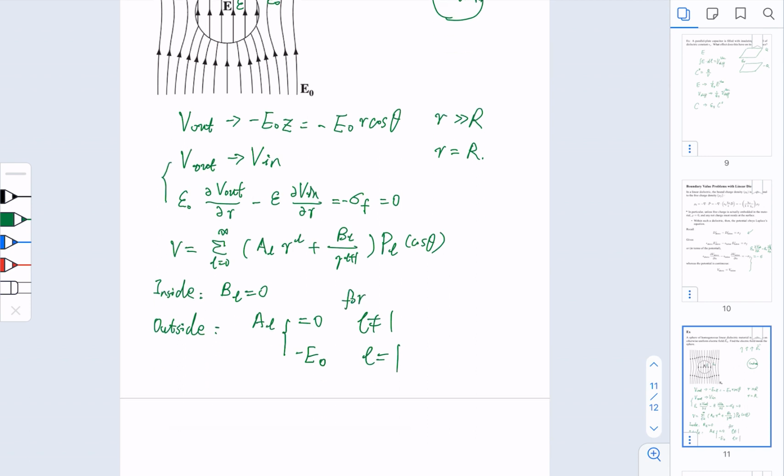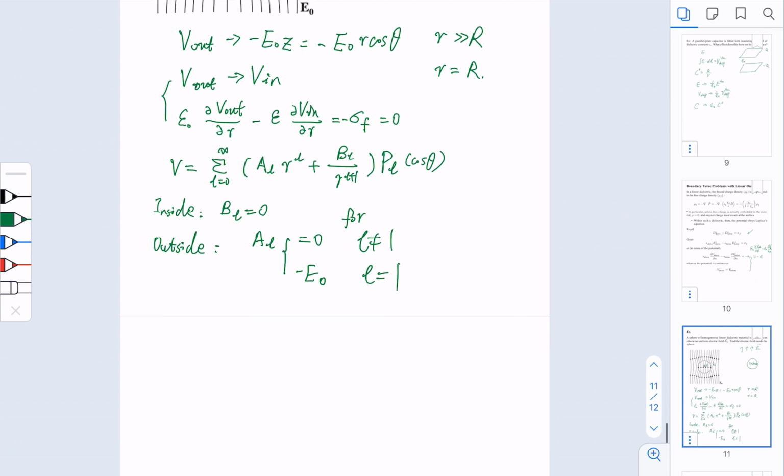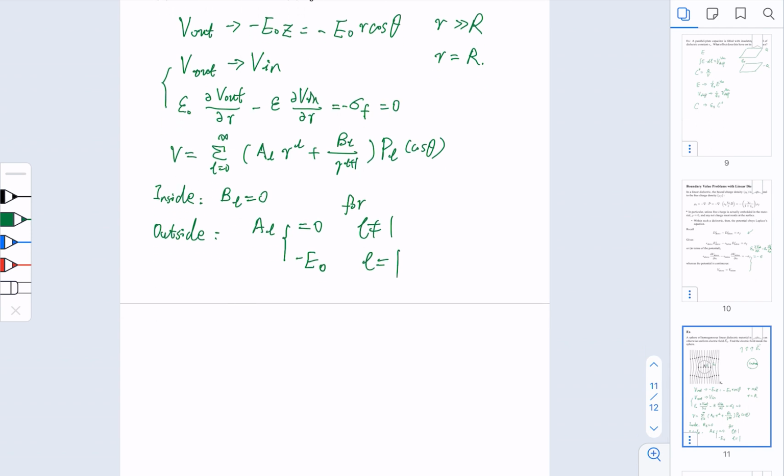Now what we need to do is to plug in our solutions inside and outside, and then match the boundary conditions. So the first boundary condition is that the potential is continuous at the boundary.